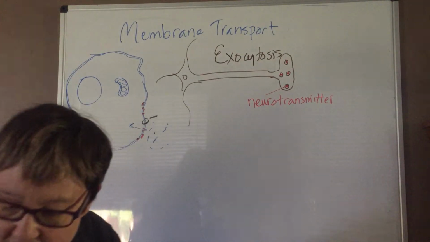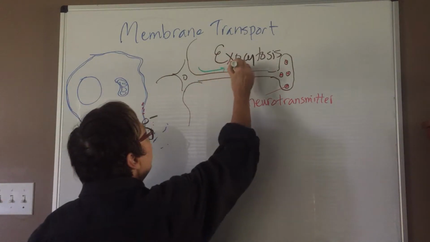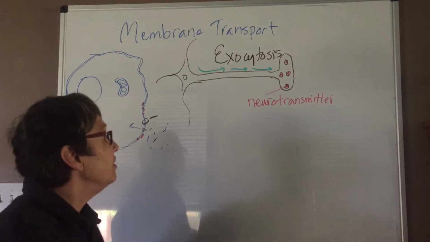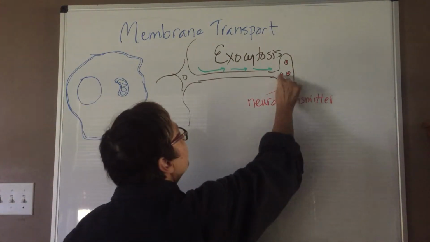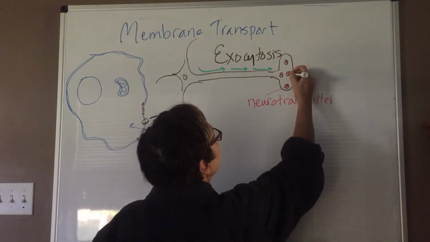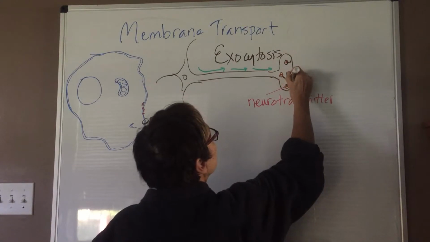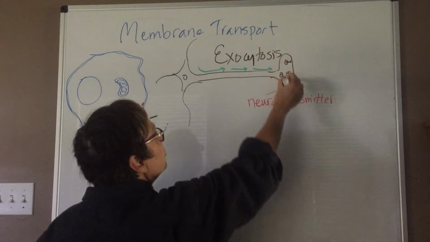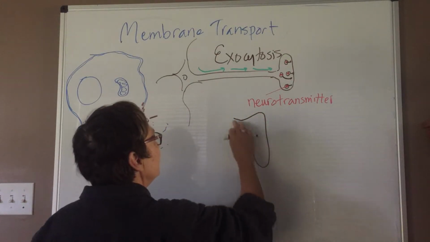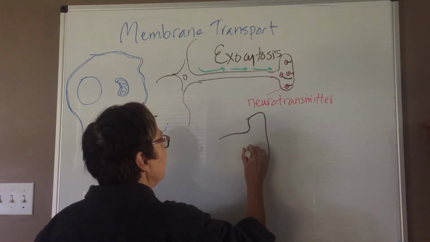So what happens is that a nerve impulse will travel along the axon, and it will actually trigger the movement of those vesicles to the end membrane. So these are going to move to, they're going to dock essentially along that membrane.